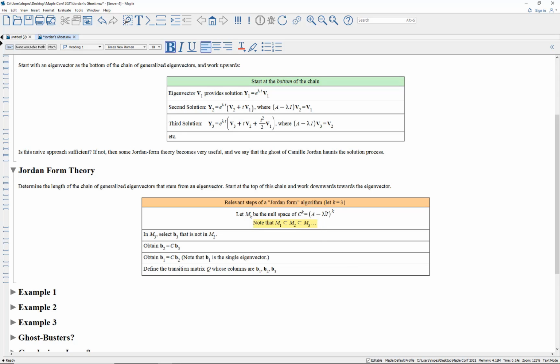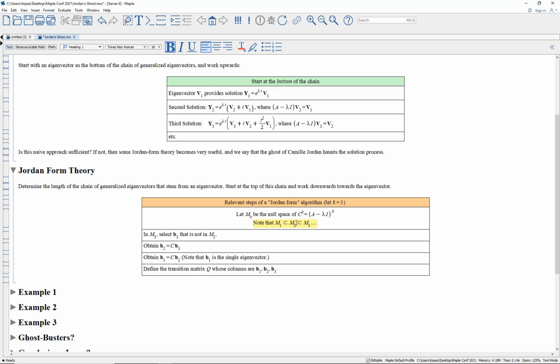You would form the matrix A minus lambda I, and then you would look at powers of that matrix. Then you would get the null spaces of those powers, and you would discover that the null spaces are supersets of each other as you go up the chain. So this is the eigenspace.